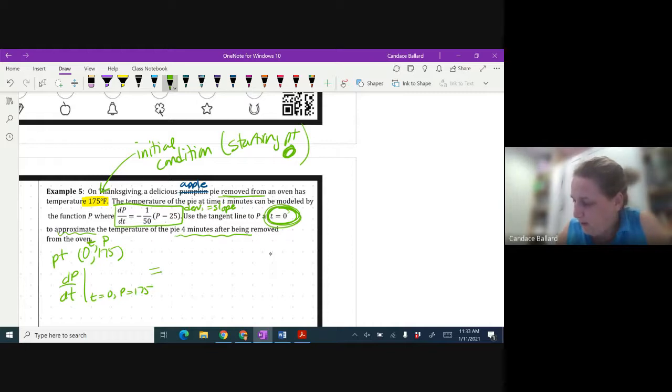So it's negative 1 over 50 times 175 minus 25. Again, this would be a non-calculator problem. You don't always have to simplify, but with this one it's going to get kind of nasty, so I would simplify it, because if not, that's your slope and it'd be ugly to work with. So we've got negative 1 over 50 times 150. 50 goes into 150 3 times, so negative 3 is your slope.